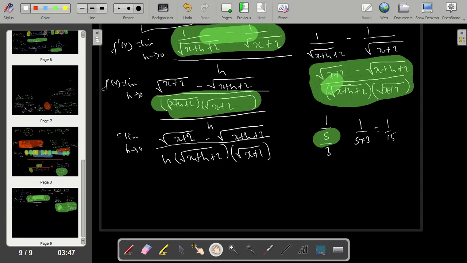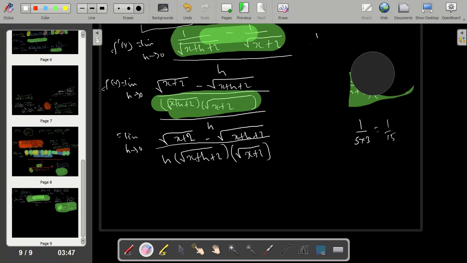remember what we did in the first example for the radical functions. We introduced the conjugate. Since you have got these square roots of x plus 2, these are radicals, so we have to get rid of them. And how do we do that? We are going to introduce the conjugates for that.